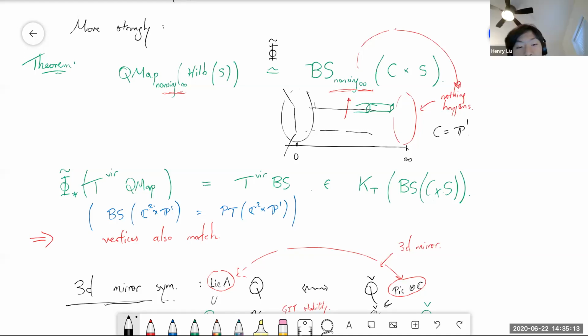In fact, the equivalence here really is like the identity map or something. Sorry, not that equivalence, this equivalence. Is essentially the identity map for quasi maps versus PT theory.